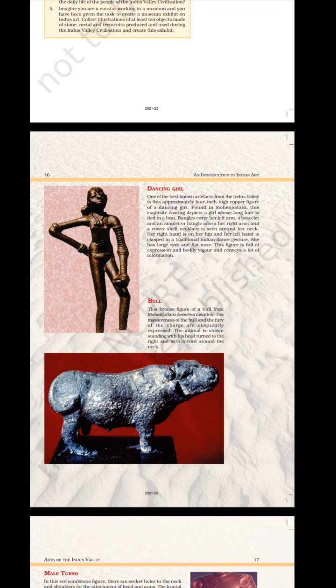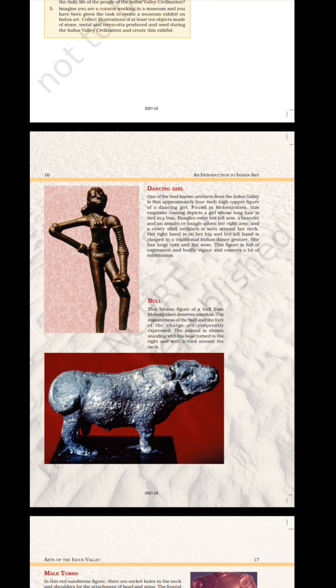Bangles cover her left arm, a bracelet and an amulet or bangle adorn her right arm, and a cowrie shell necklace is seen around her neck. Her right hand is on her hip and her left hand is clasped in a traditional Indian dance gesture. She has long legs and a flat nose. This figure is full of expression and bodily vigor and conveys a lot of information.